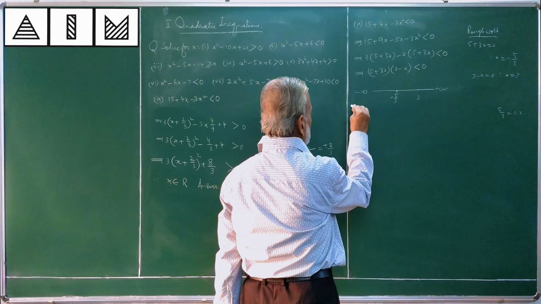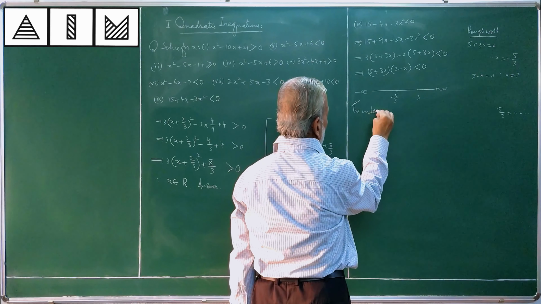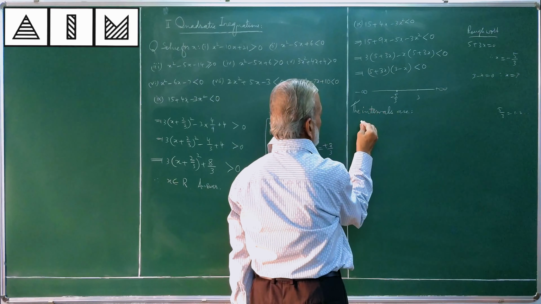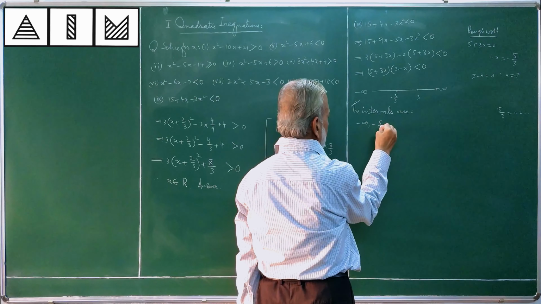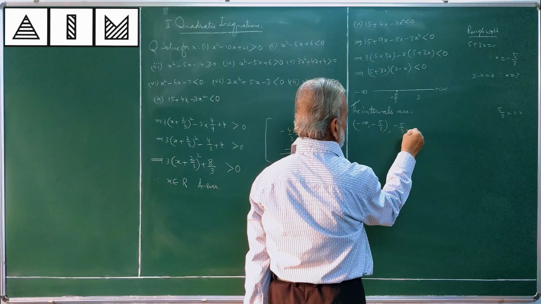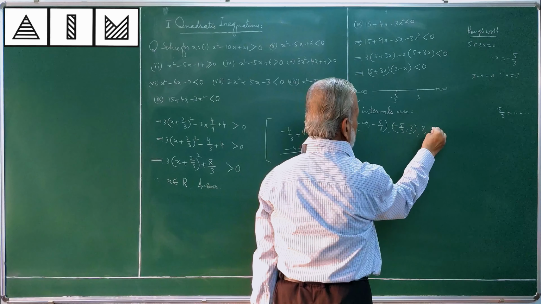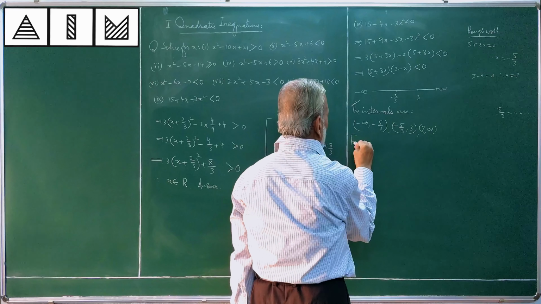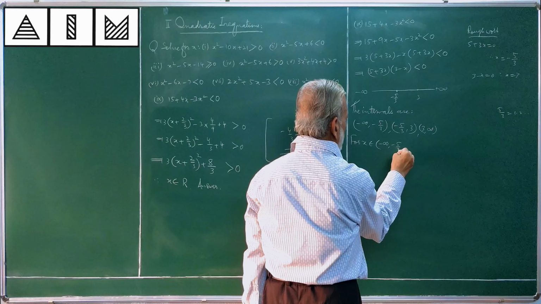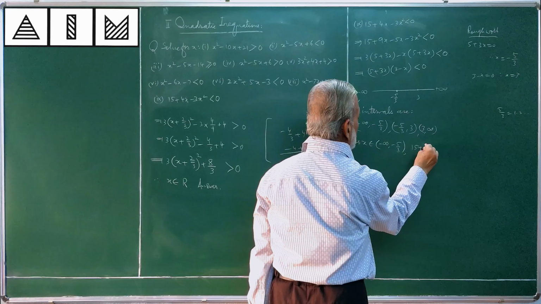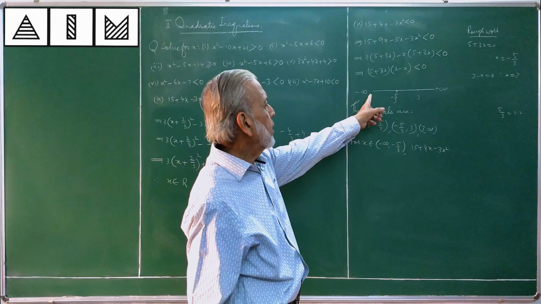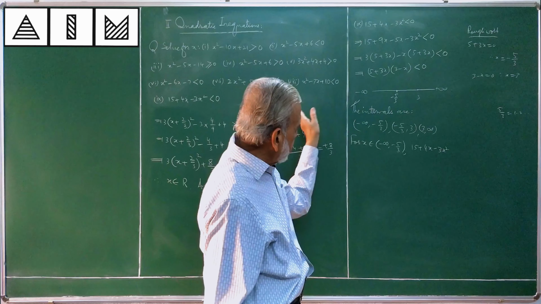Please see here the intervals are minus infinity to minus 5 by 3, minus 5 by 3 to 3, and 3 to infinity. For x belonging to the first interval, minus infinity to minus 5 by 3, take any number this side.